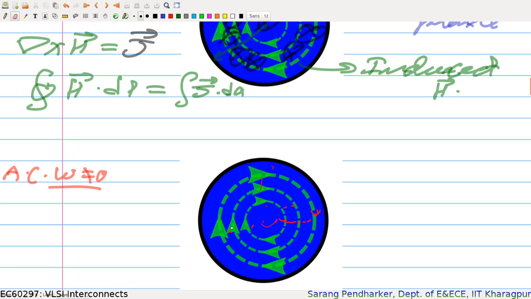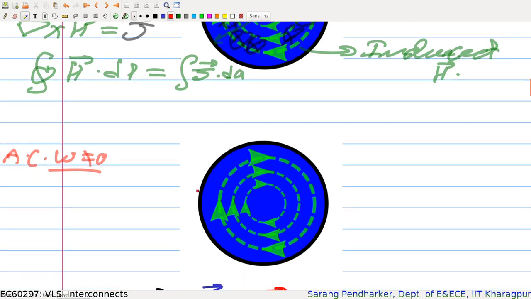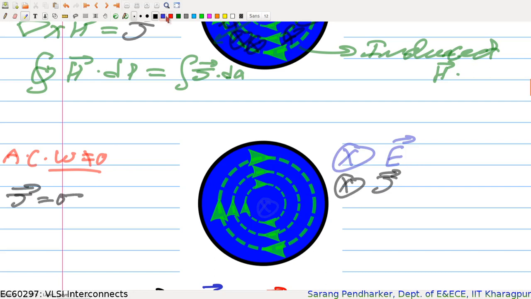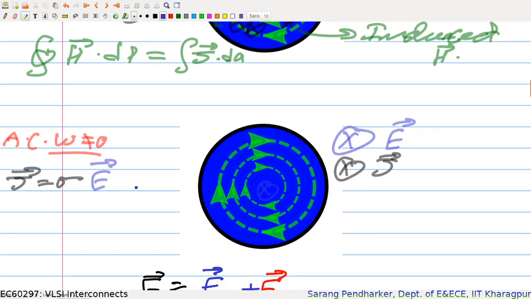So let me erase this part and make some arguments of what will happen now. We agree that there is again an electric field which is going into the plane of the paper, and there is a current which is also going into the plane of the paper. Your current J is related to the electric field as per this equation, right?